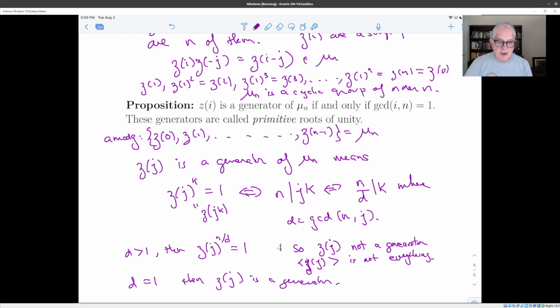Remember that the order of an element, we proved, is both the size of the cyclic group that it generates and the smallest power for which you get 1. So if z of j to the n over d gives you 1, then the cyclic subgroup generated by z of j has a size at most n over d, which is smaller than n. On the other hand, if d is 1, then the smallest power such that z of j is 1 is n, and so it's the whole group.